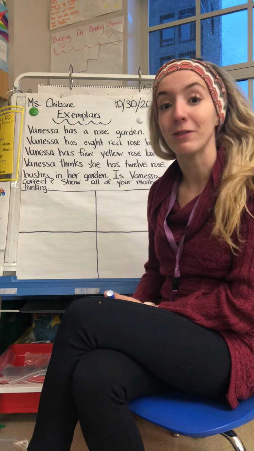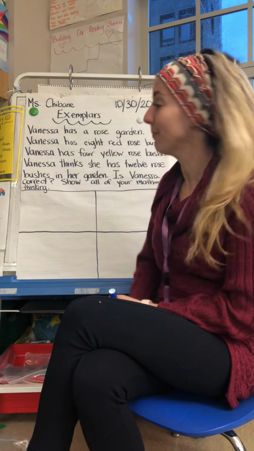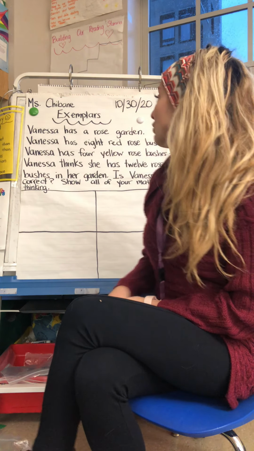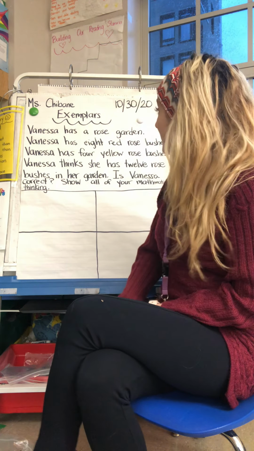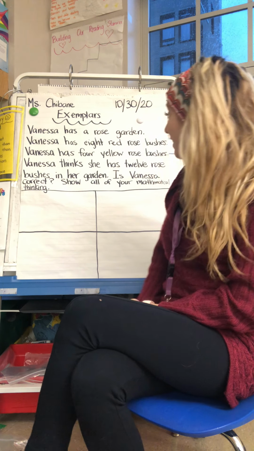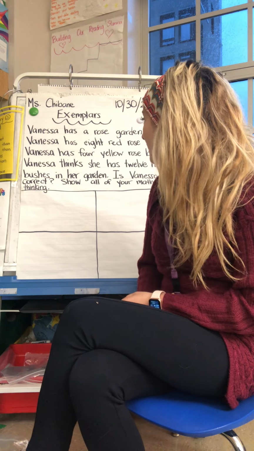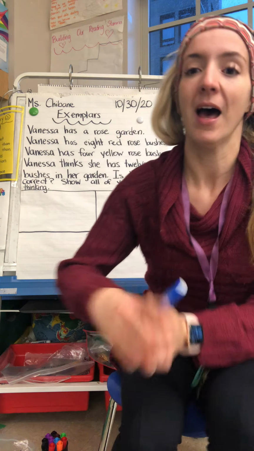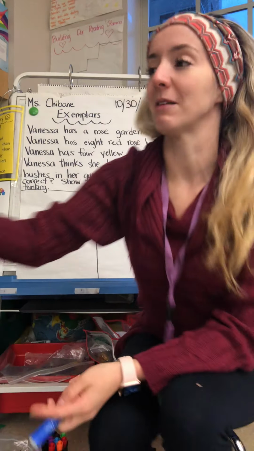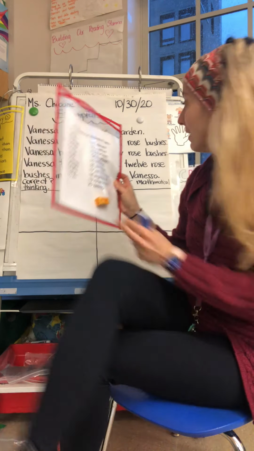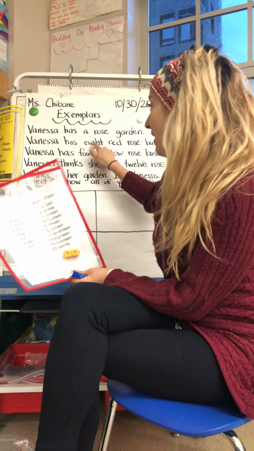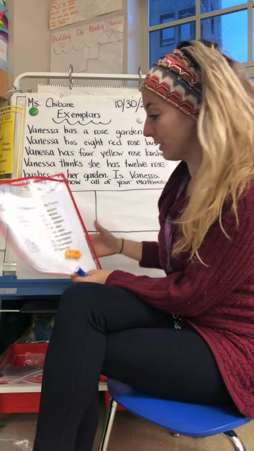So remember, we want to read it a second time and a third time. So this time when I read it, I'm going to circle my numbers. Vanessa has a rose garden. Vanessa has... hold on. I'm going to take a look at my numbers in word form chart to help me figure out what number this word is.